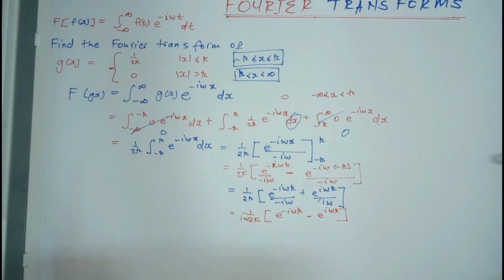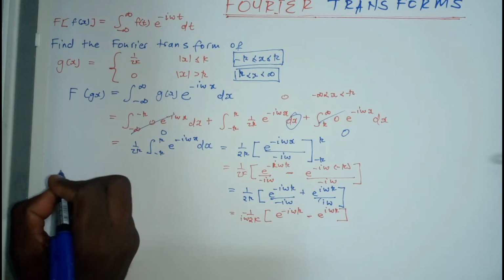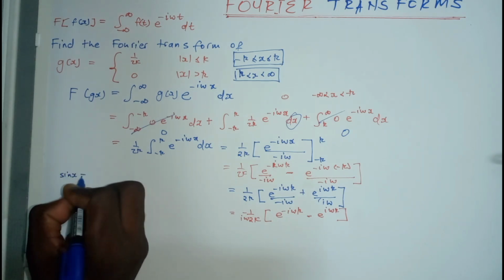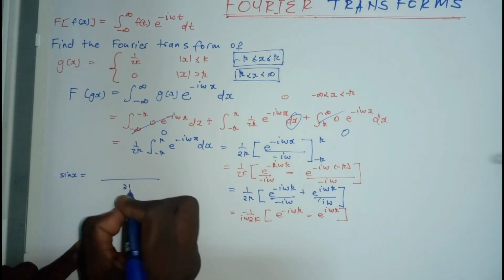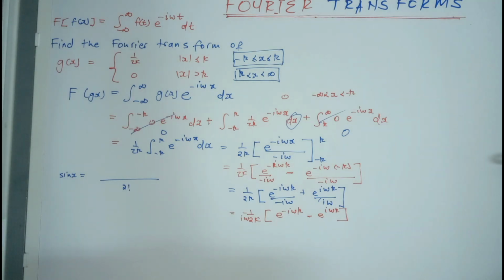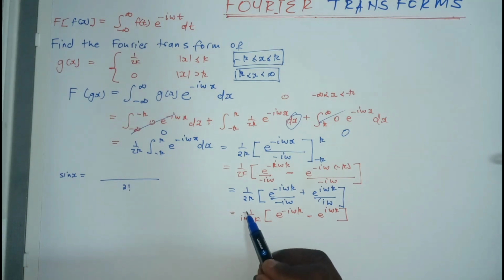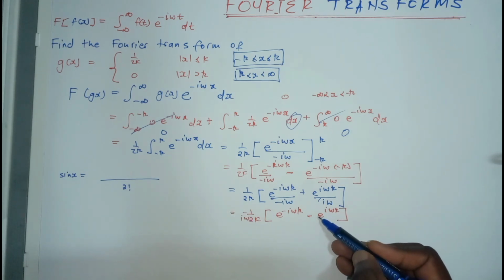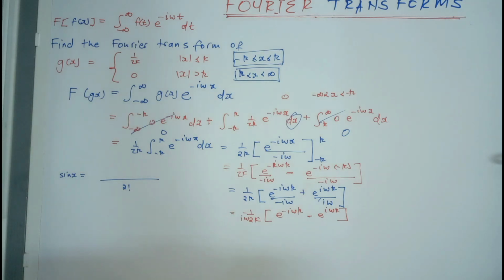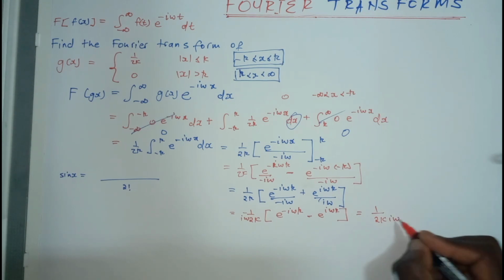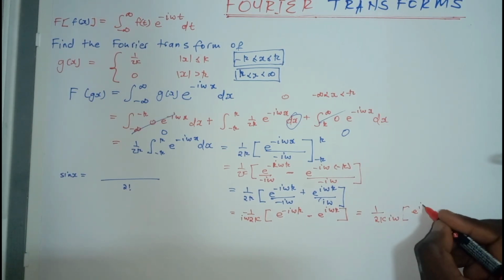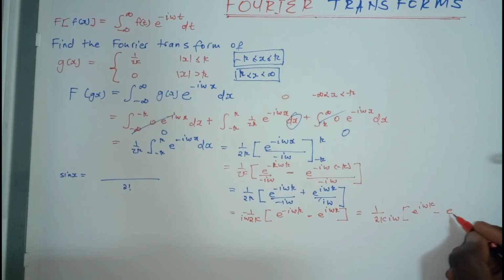You should remember that we are all familiar with complex numbers. So in complex numbers, what is the identity for sine x? It's going to be something over 2i. What about on top? Remember, this is the negative. If I split out this negative, you're going to see this is going to become a positive. Before I do that, let me write it here to clarify: 1 over 2k i omega, and I'm going to have e to the power i omega k minus e to the power negative i omega k.